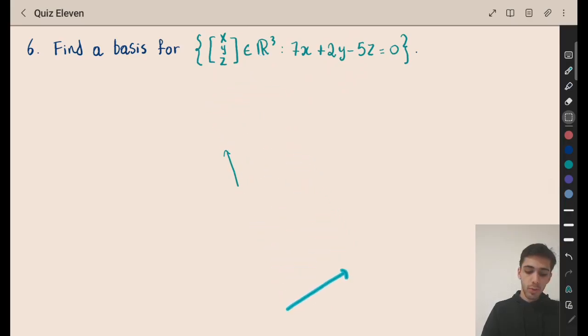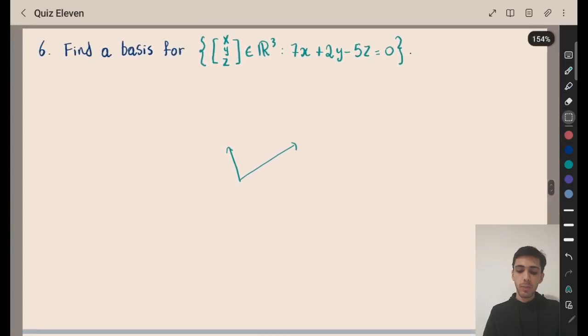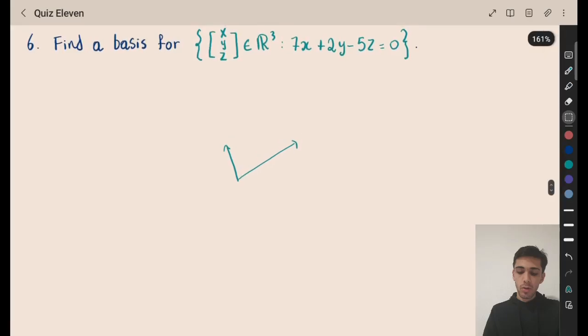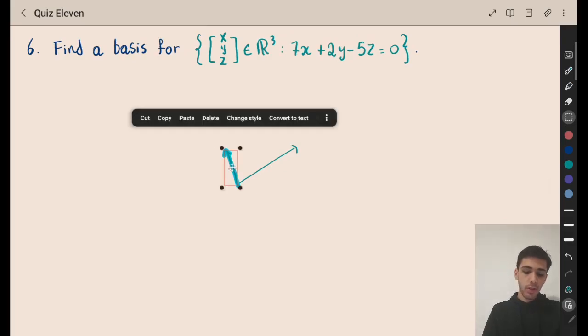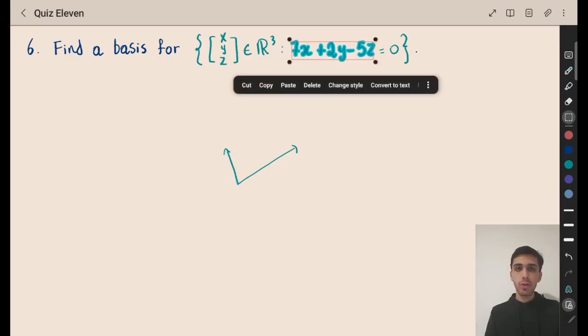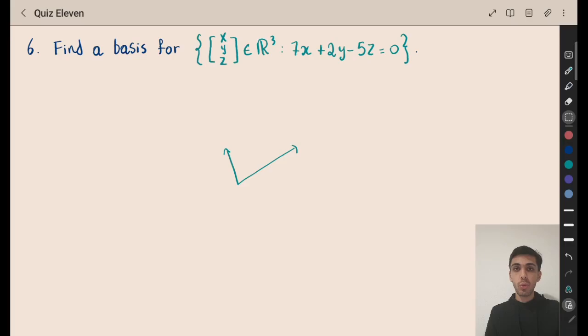And I can reach any point on the plane just by adding and scaling these two vectors. So this at least should be the nice visual image that you should think about when I say we have a plane which is two-dimensional, then we'll probably need two linearly independent vectors.